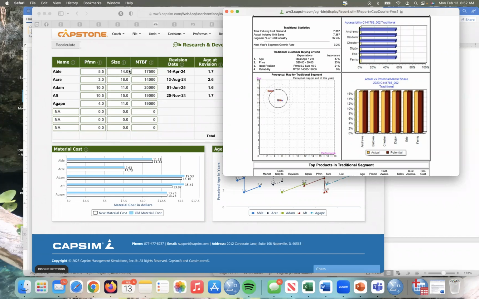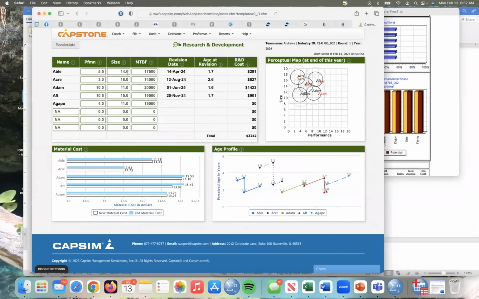Now, what I'm going to do, you can see here, Able and Acre, we are actually hitting an age at revision that's lower than the ideal age, and there's nothing wrong with that. But what I'm going to do is make these changes with Able such that maybe I can get the product to market a little bit earlier. Let's see if I can do that with Able. 14.5.